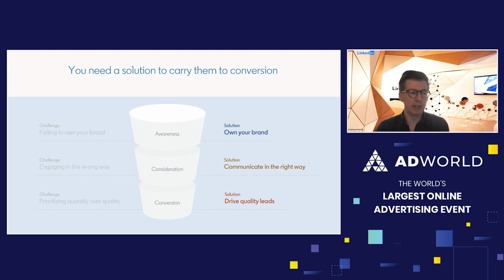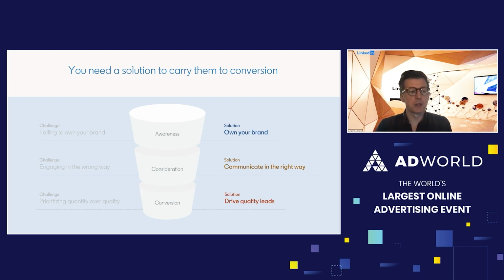So the first thing really is looking at awareness. So it's owning the brand at that top point of the funnel, and then also engaging with the audience. And then towards the end, prioritizing quantity over quality. So it's really looking at when you're engaging with the audience, are they new? Do they know about your brand?